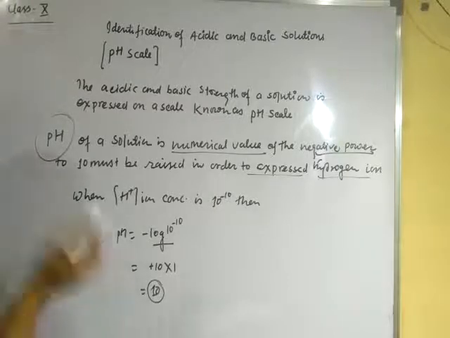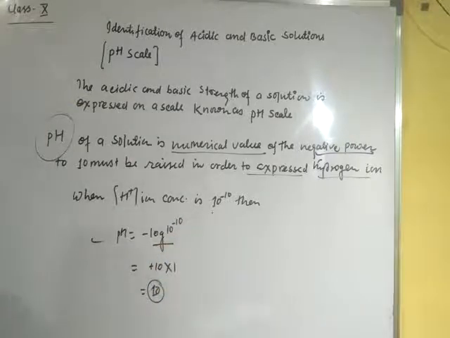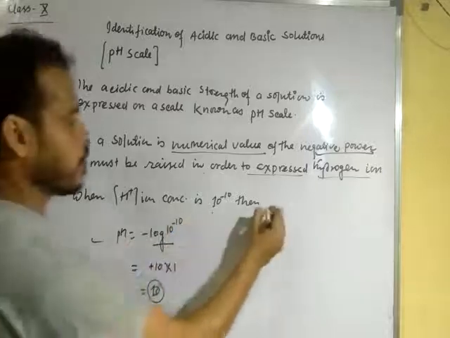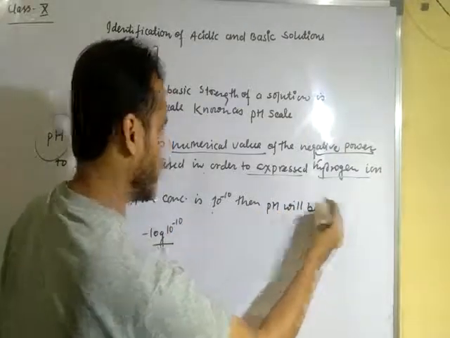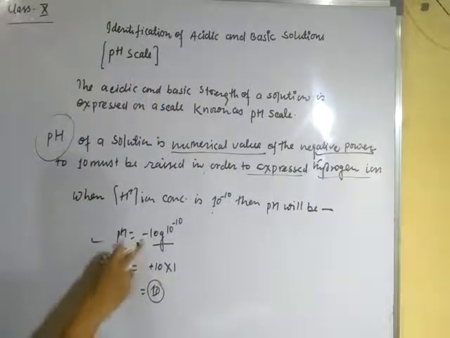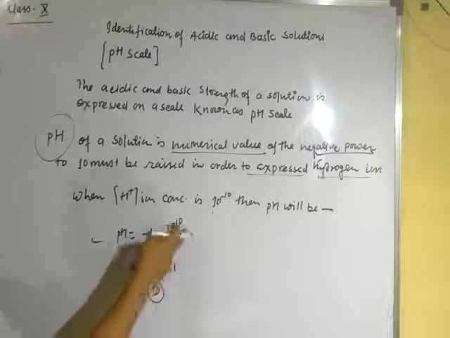Now if the concentration is 10 to the power minus 10, then pH is equal to minus log 10 to the power minus 10.